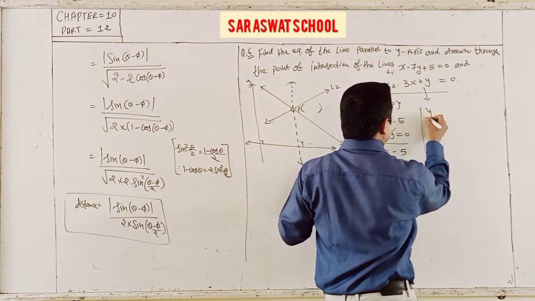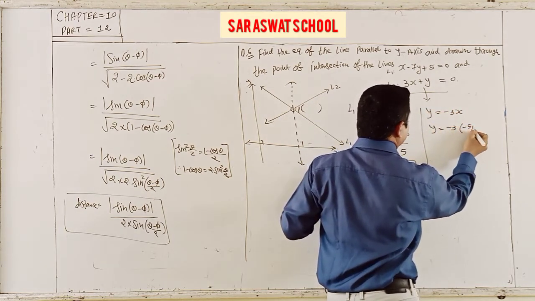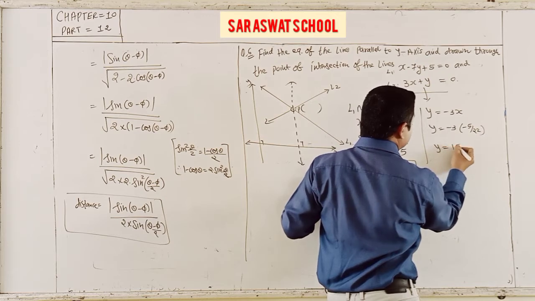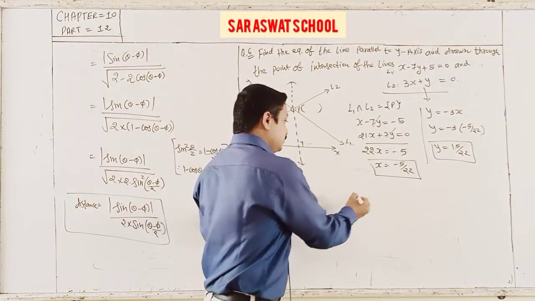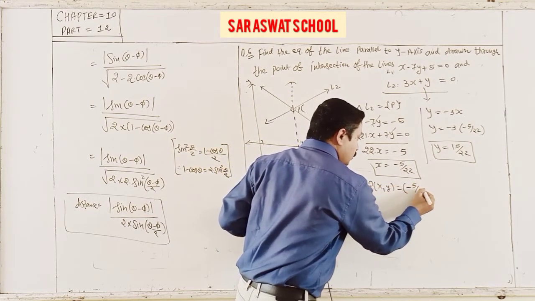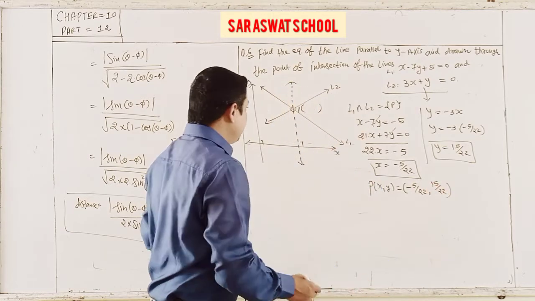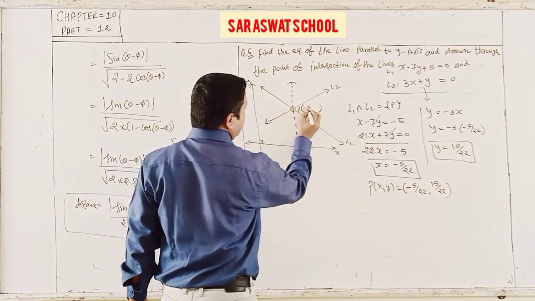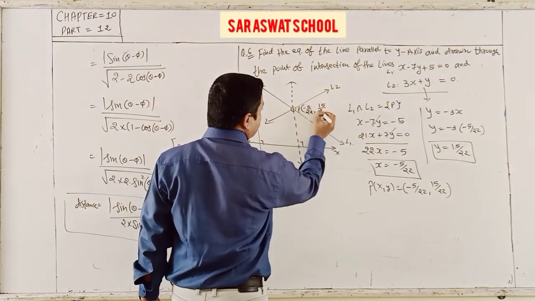From here, how much? Minus 5 by 22. So y is 15 by 22. It means intersection value, students, done. P point is minus 5 by 22 and 15 by 22, and I will apply that here. Minus 5 by 22 comma 15 by 22.